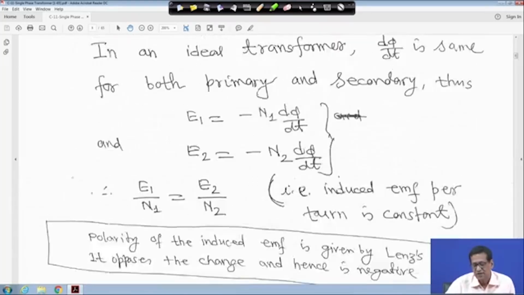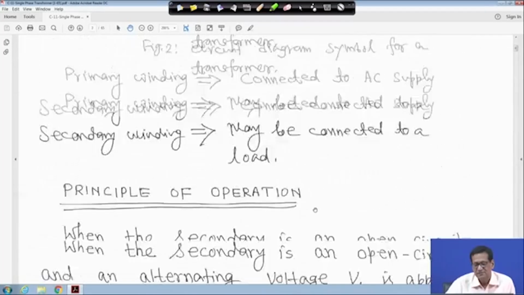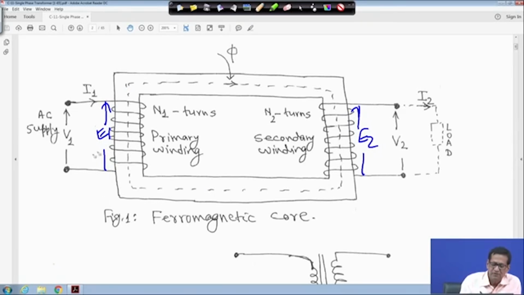Let us go back to the circuit again. We are assuming there is no loss. This side is voltage V1, this side is voltage V2. If this is marked as E1 and here also E2, and we assume there is no loss, then E1 by E2 is equal to N1 by N2, so V1 by V2 is equal to N1 by N2.